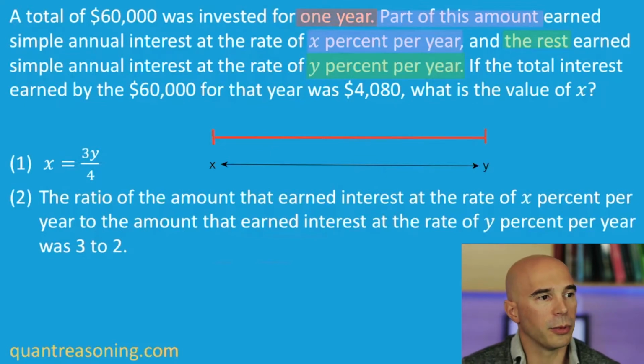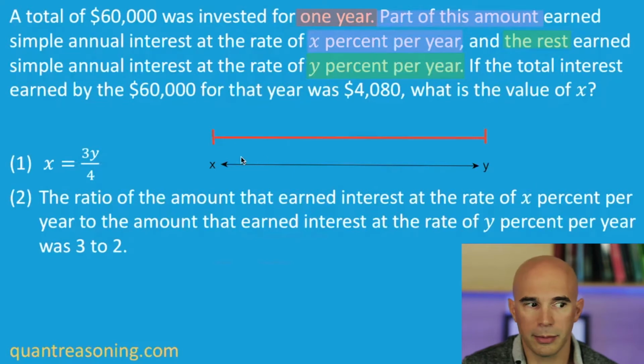And the other thing that's important is that it has to be this 4,080 divided by 60,000 times 100, because X is in percent form and Y is percent form, so you'd have to give it a factor of 100 to make it in percent form. That number has to be somewhere in this range, on this number line. Note also the double-sided arrow between X and Y, reminding me that I don't know which one is which.